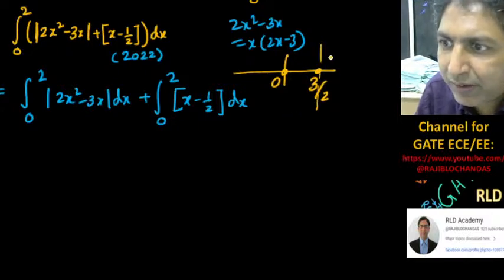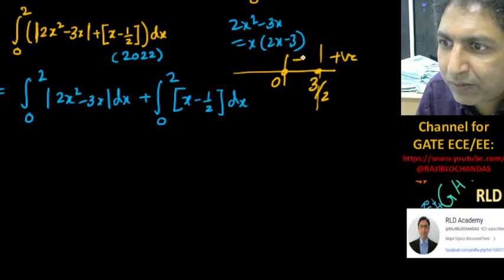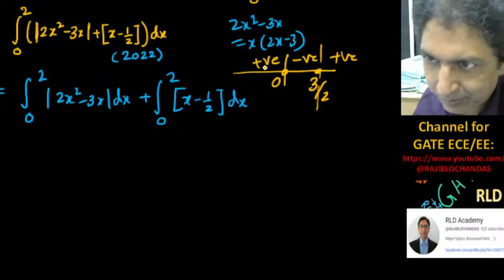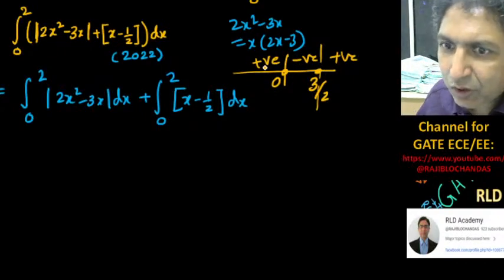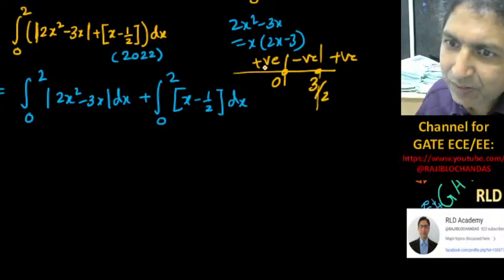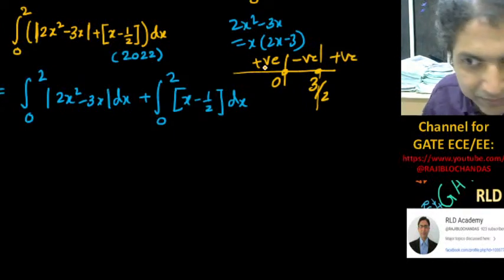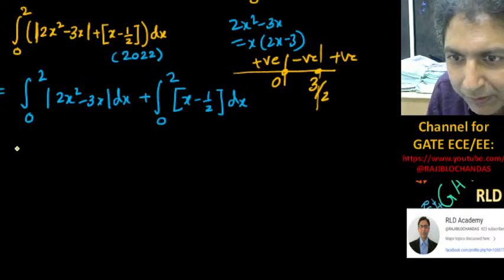Beyond 3 by 2 it is positive, within this range it is negative, then again less than 0 it is positive. Meaning 0 to 3 by 2 it should be negative, and beyond 3 by 2 it is positive, right? So we should break in two ways.